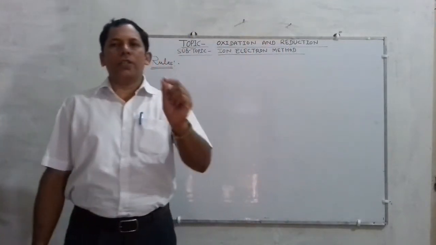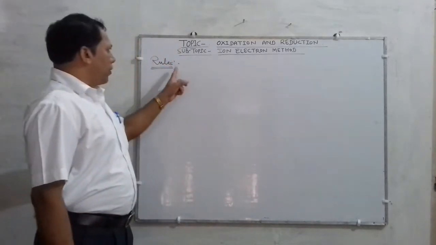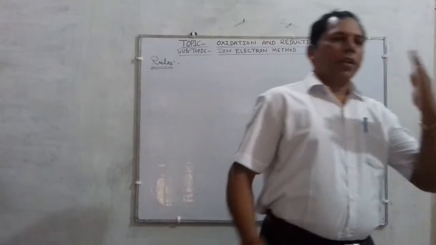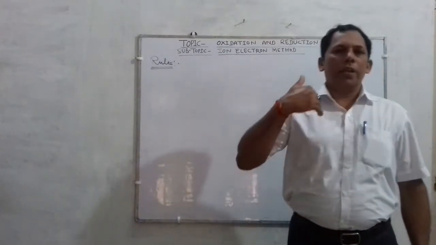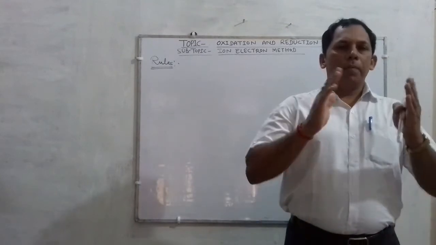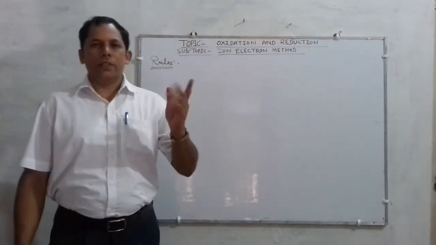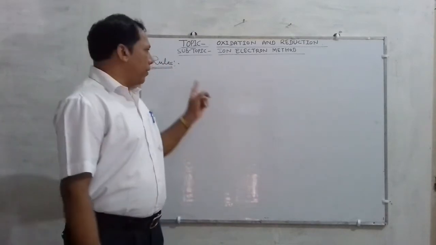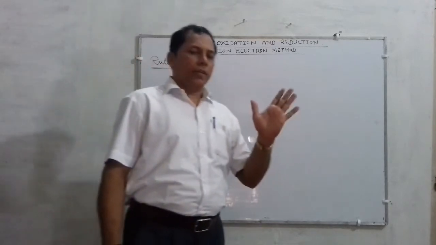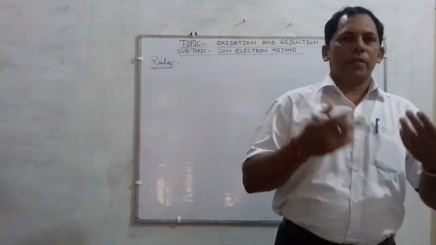Only a slight change is there. The first rule is that the given reaction is divided or broken down, on the basis of oxidation and reduction, into two half reactions. The second rule is that except hydrogen and oxygen atoms, other atoms are balanced first.